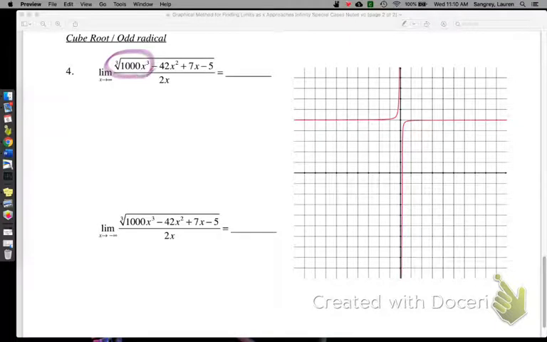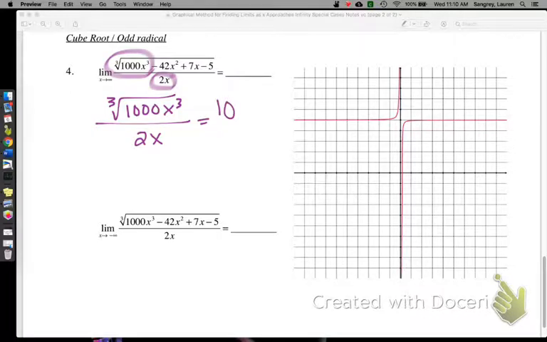Here's your leading term in the numerator and denominator: the cubed root of 1000x cubed over 2x. In the numerator, the cubed root of 1000 is 10. The cubed root of x cubed is x. No absolute values here because this isn't a square root, this is a cubed root. And then your denominator is just the 2x.